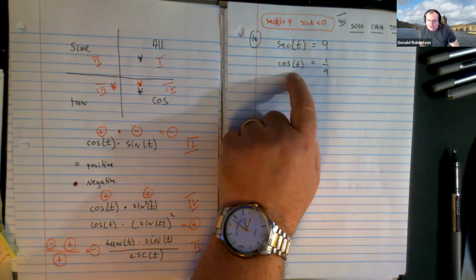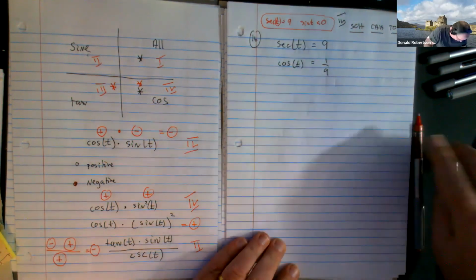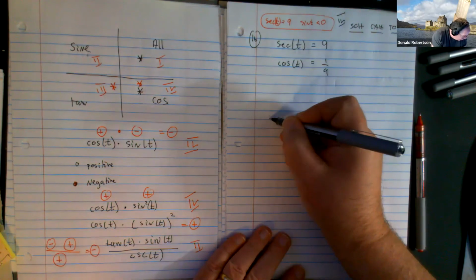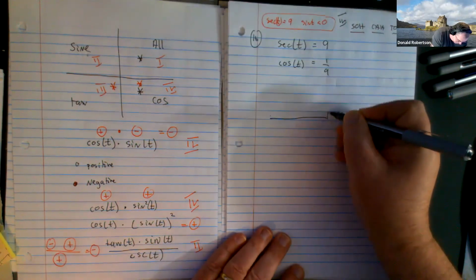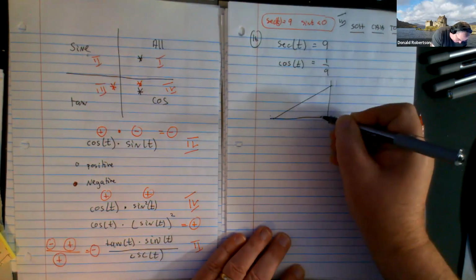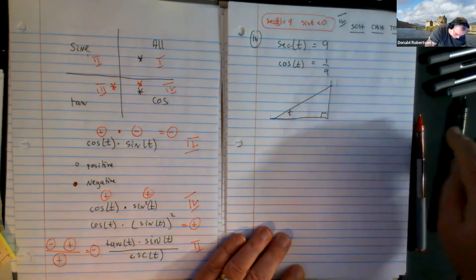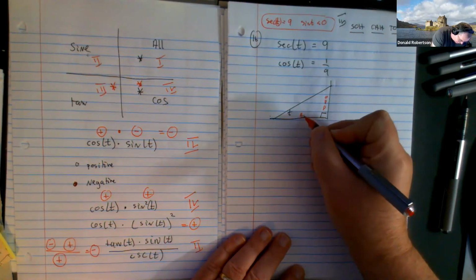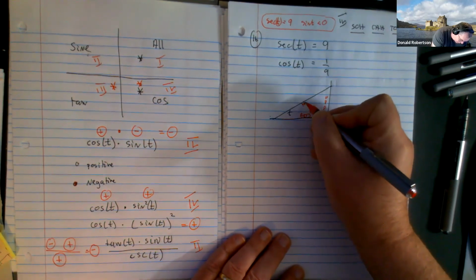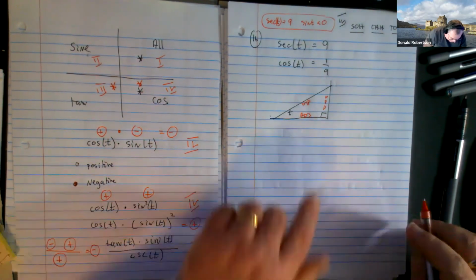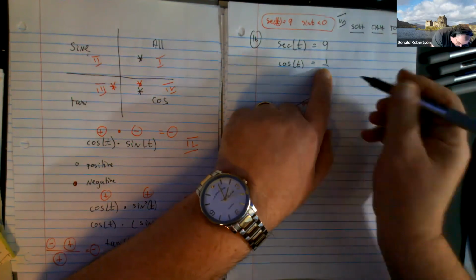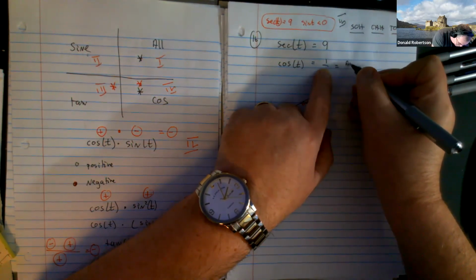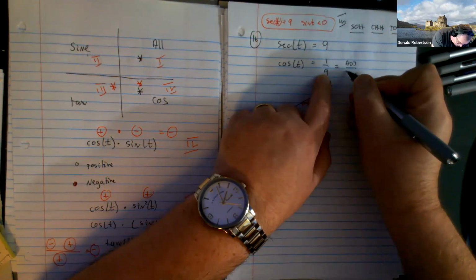Now, once you've got this guy set up, and this is almost as far as I'm going to take this one, because we're getting pretty close to the end, there's your angle T, opposite, adjacent, and hypotenuse. And for a cosine then, isn't the top guy the adjacent, and the bottom guy the hypotenuse?